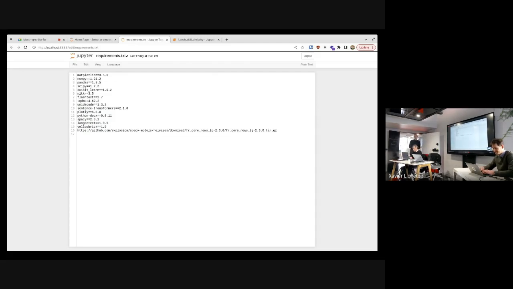So you create a new Conda environment, and then the command is... it should install all of these requirements.